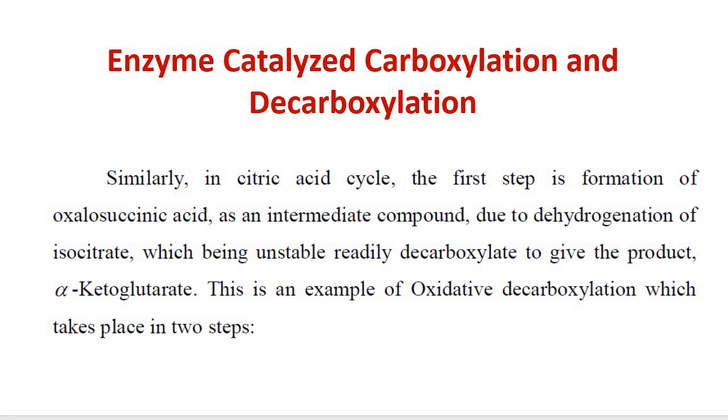Similarly, in the citric acid cycle, the first step is the formation of oxalosuccinic acid as an intermediate compound due to dehydrogenation of isocitrate, which being unstable readily decarboxylates to give the product alpha-ketoglutarate. This is an example of oxidative decarboxylation which takes place in 2 steps.